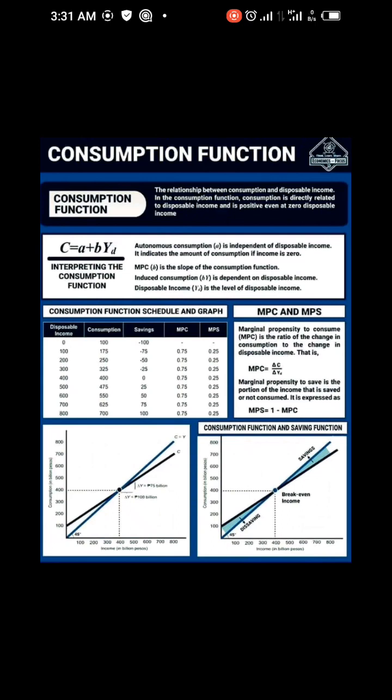MPC simply means marginal propensity to consume. This marginal propensity to consume means the ratio of the change in consumption to the change in disposable income. What they mean here is that sometimes there's an increase in the salaries and wages of an individual worker.